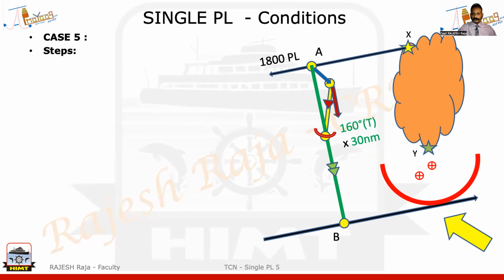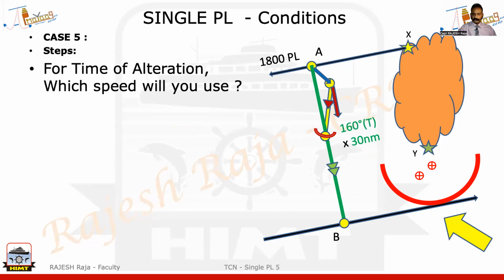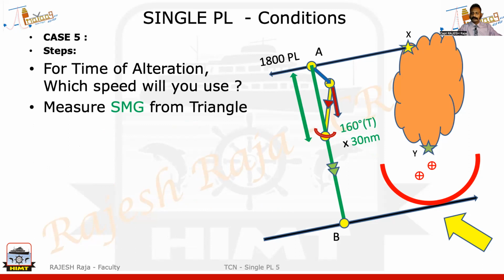Now let us look at the next part. For the time of alteration, again you have to be careful, since your vessel is going to be on the CMG track. So the speed you're going to use is not your engine speed to calculate the ETA for Bravo. You will use SMG, and if this is a 1 hour triangle, please look at this. This is your SMG. You can measure it with your divider and come to a conclusion for the 1 hour triangle as SMG.